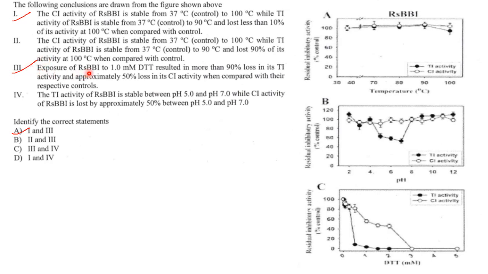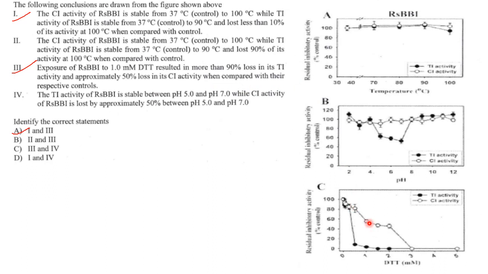Then exposure of RSBBI to 1 millimolar DTT resulted in more than 90% loss of its TI activity. DTT, this is the graph. So this is the TI activity, that is shaded ones. So it resulted in more than 90% loss in its TI activity. At 1 millimolar, yes, over here there was 90% loss of TI activity and approximately 50% loss in CI activity.